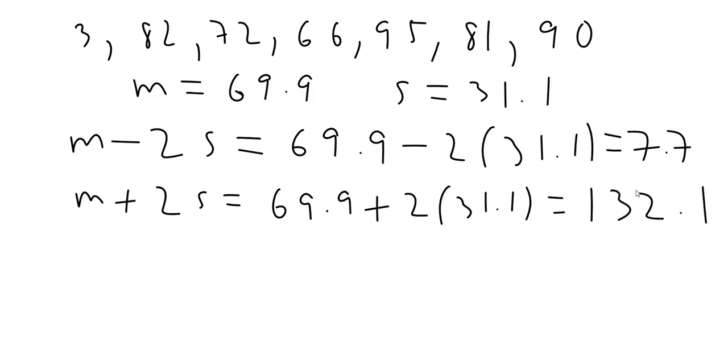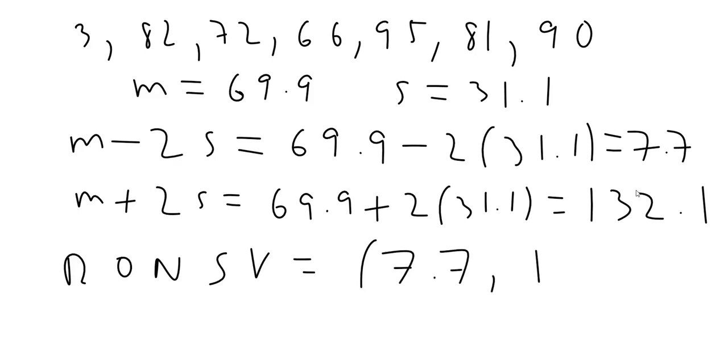And so what we would call the range of non-significant values, RONSV, starts at 7.7 and goes up to 132.1. Okay, so that's the first thing I want you to do, is to calculate that interval.